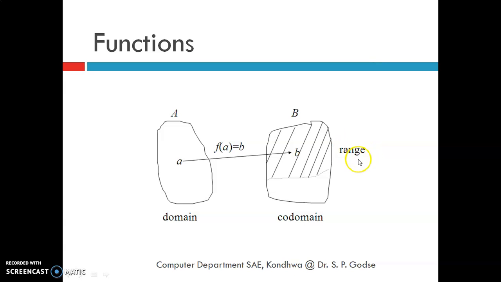It is also called the range, and it is from set B. So all the values of the domain are always used, but it may be possible that only some values of the codomain are used, means after putting the values of A, we will get some values from the set B.